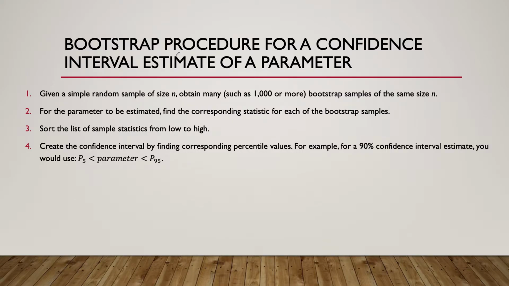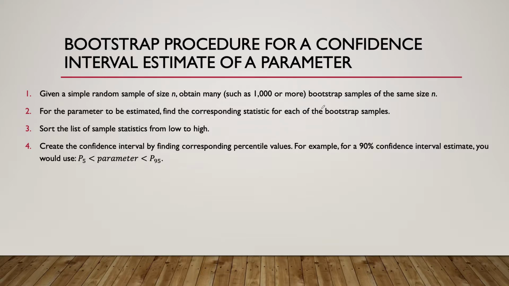The procedure for a confidence interval estimate of a parameter: we would first be given a simple random sample of size n, and obtain many bootstrap samples of the same size n. Our examples use 20, but use 1,000 or more in practice. For the parameter to be estimated, we find the corresponding statistic, so a sample proportion, sample mean, or sample variance.